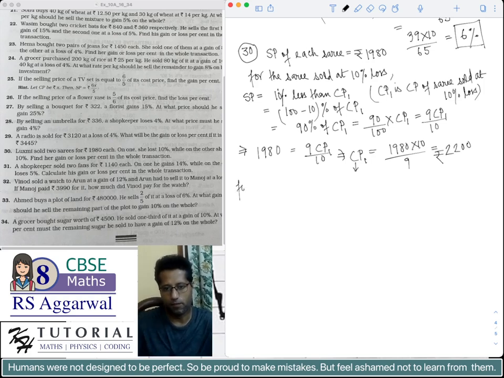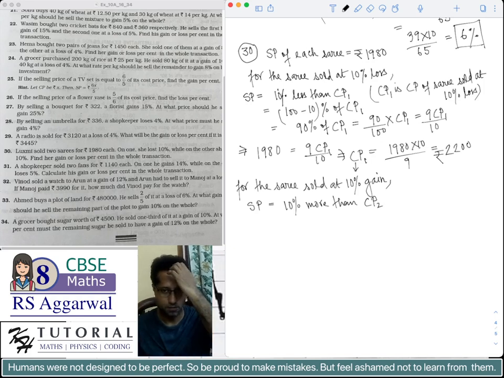Now similarly we will have to find the cost price of the sari which was sold at 10% gain. For the sari sold at 10% gain, the selling price must be equal to 10% more than CP2, where CP2 is the cost price of the sari which was sold at 10% gain.